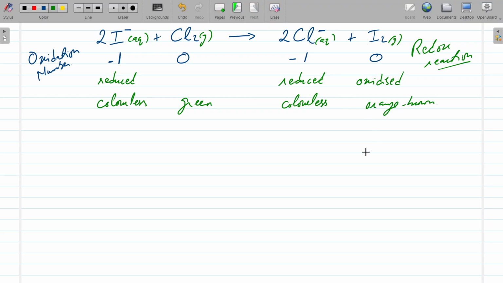And these color changes can actually be used to carry out experiments for displacement reactions. You see a color change, and so you understand, okay, fine. So first it was green, and so there was chlorine in there, right? And now it's turned to brown. That means the iodine has been displaced, and that's why the colors turn brown. The metal halide will be colorless in solution, so you won't be able to detect that.